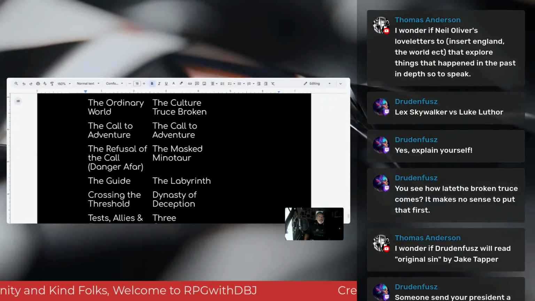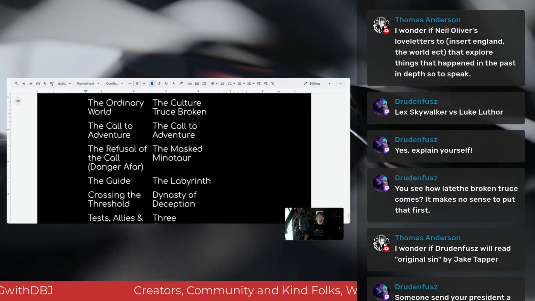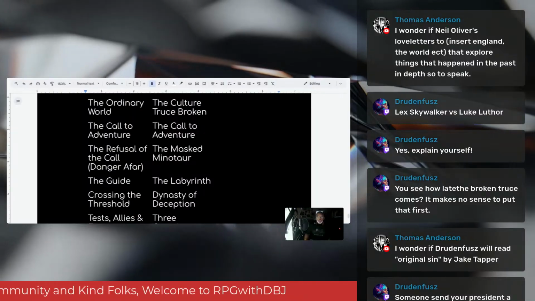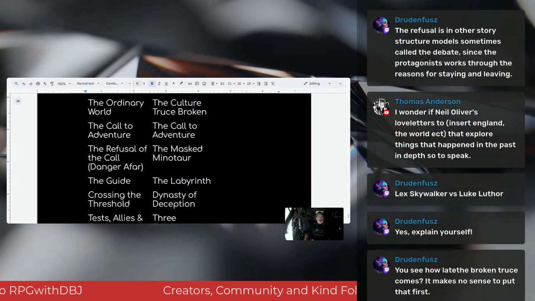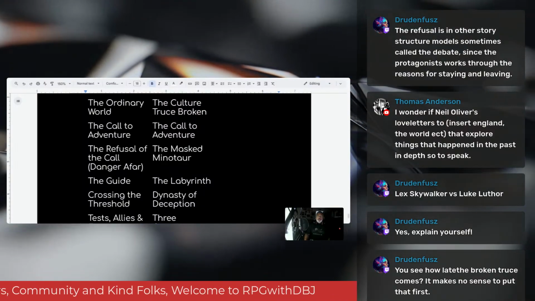And the Masked Minotaur, for at-home adventures, can be someone that the players know is the great evil, but if they do or say something against it, there's going to be retribution.